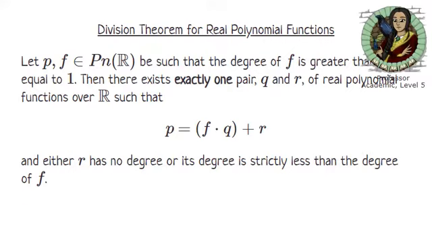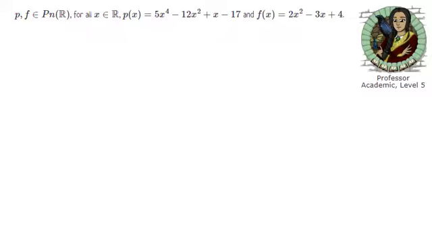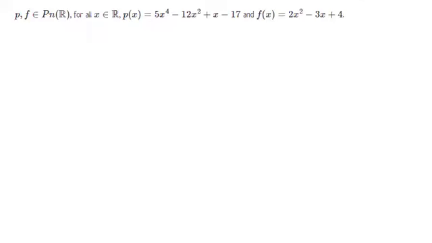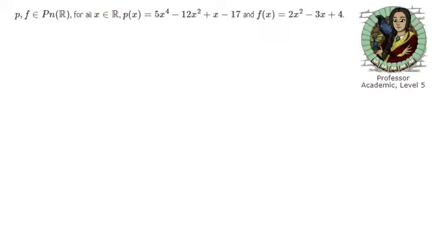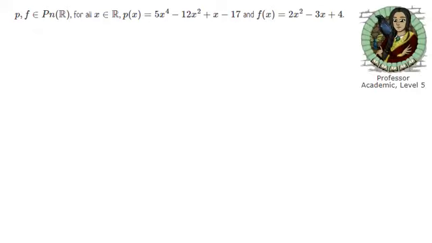In fact, long division of polynomials is quite straightforward, as long as you remember how to do long division with whole numbers. For example, suppose p and f are real polynomials given by these expressions. We take p to be the dividend, so 5x to the power 4 minus 12x squared plus x minus 17 is to be divided by f, the divisor, given by 2x squared minus 3x plus 4.